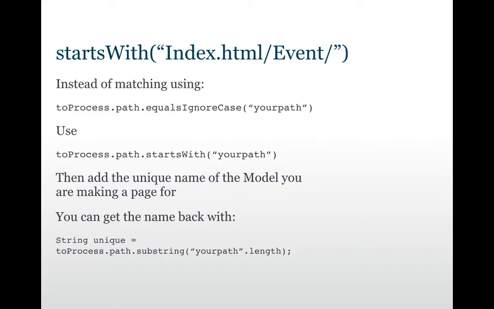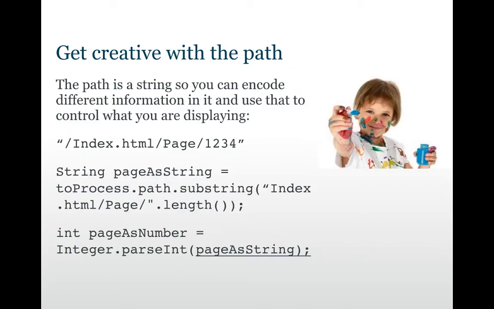This is just summarizing it again in the slides to make it easier if you want to look for it. You can use the same idea where you're constructing a string out of code and then matching against the first part of it, to do things like pages.